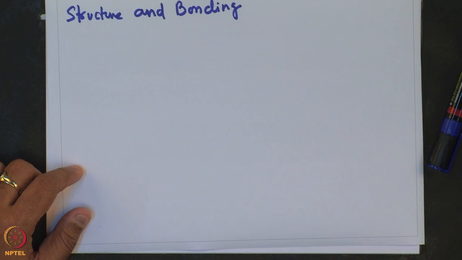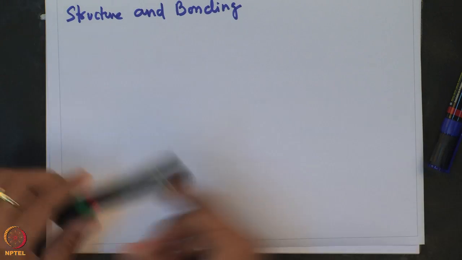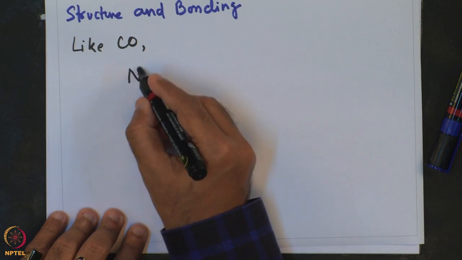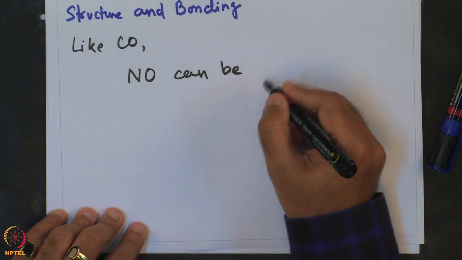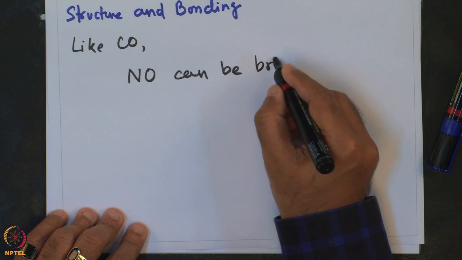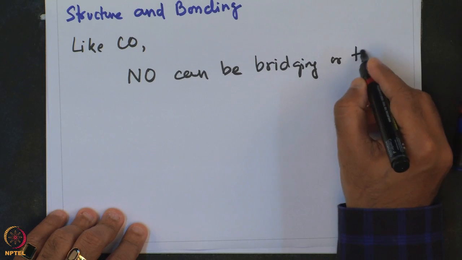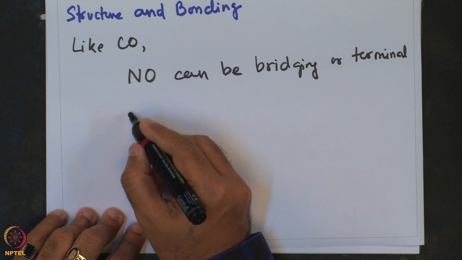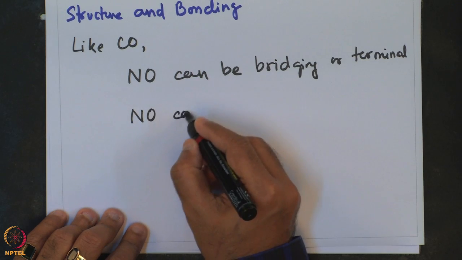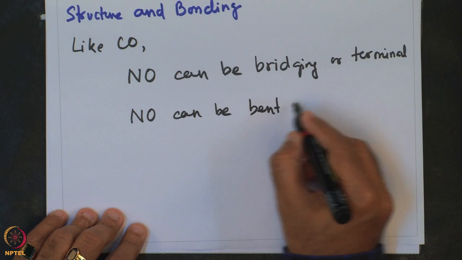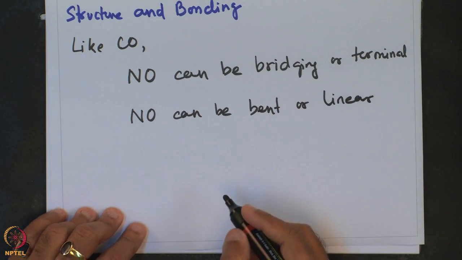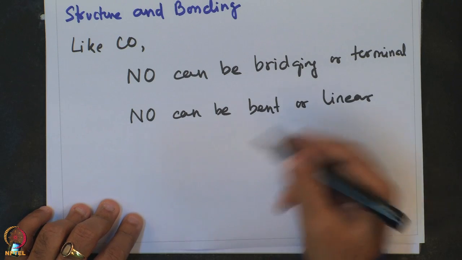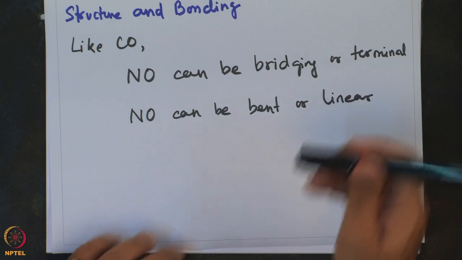So, like carbon monoxide can be bridging or terminal, and also the second variable is NO can be bent or linear upon binding to transition metal, and this is correlated to the type of binding that the NO exhibits with a transition metal.